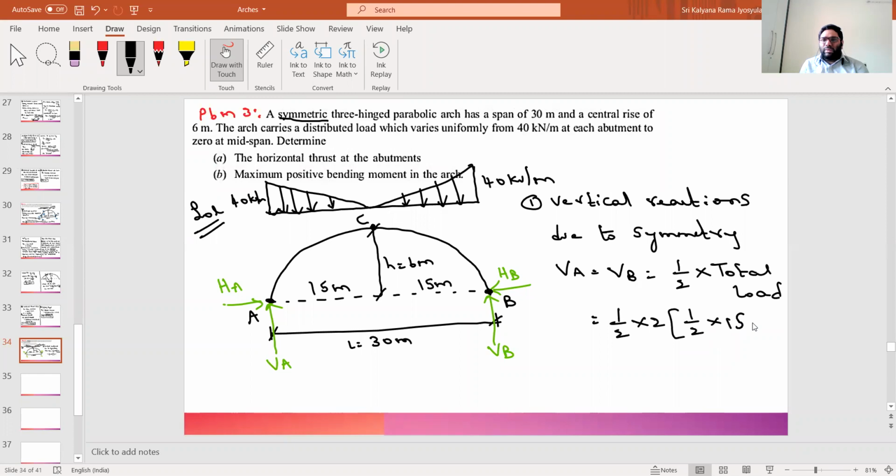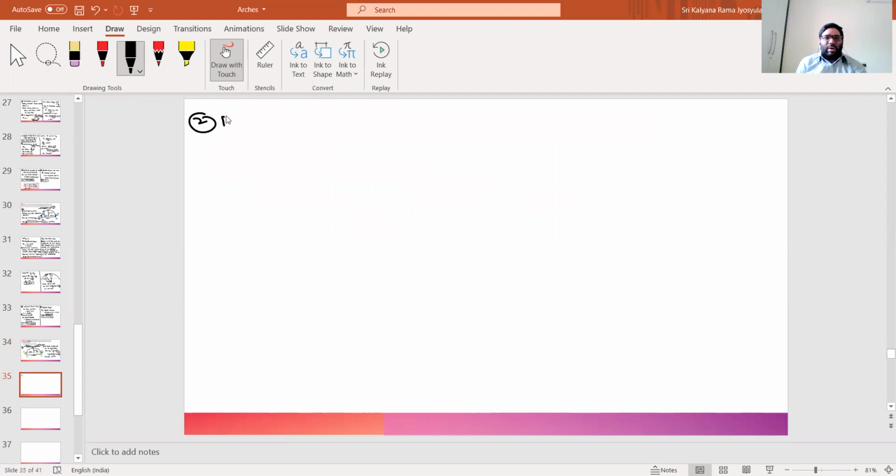Half into base into height. Simple. Generally for triangular and uniformly varying loads, we should not get panicked. The load is straightforward: half into base into height will be your load. So the 2 will get cancelled. VA is equal to VB, which becomes 20 times 15, which is 300 kilonewton. Simple, one step. Second step, horizontal reaction.